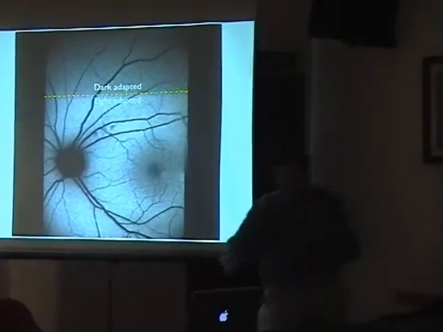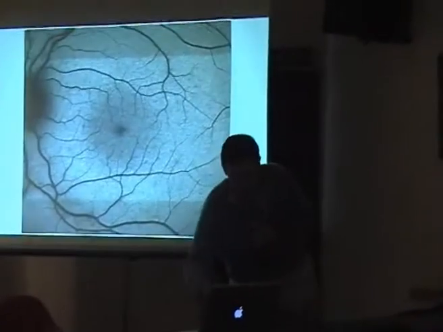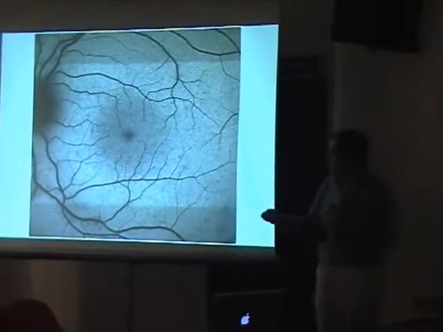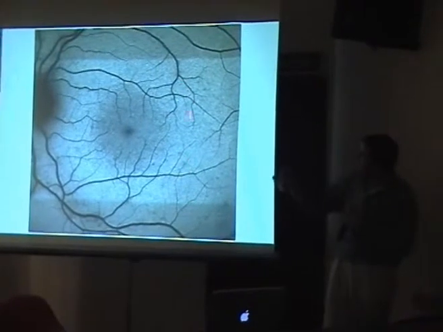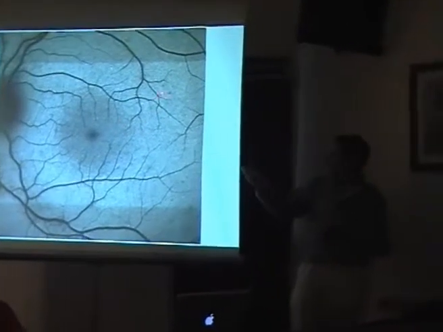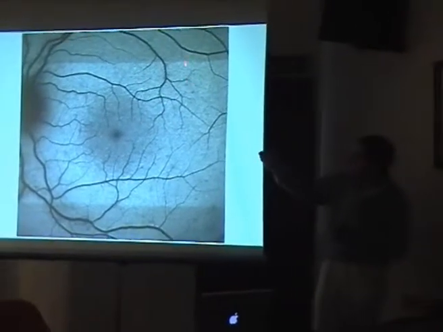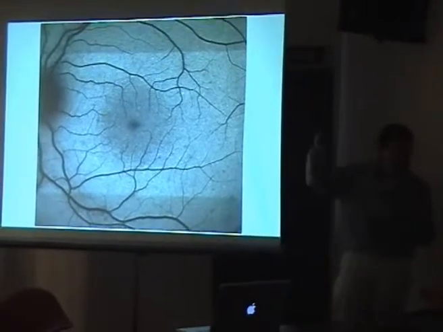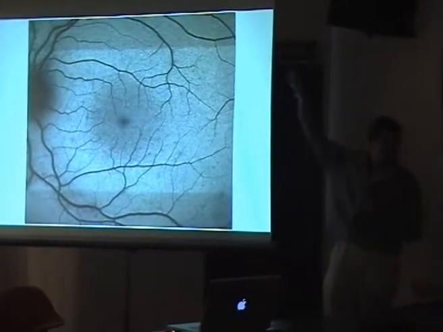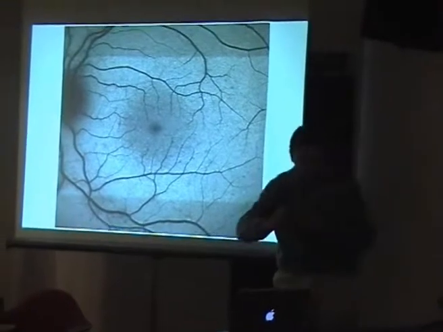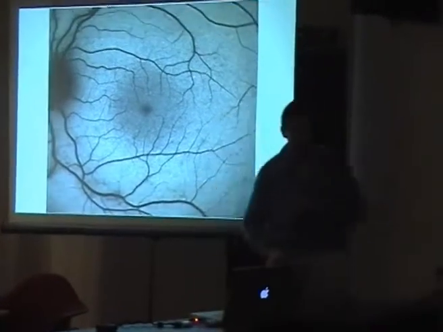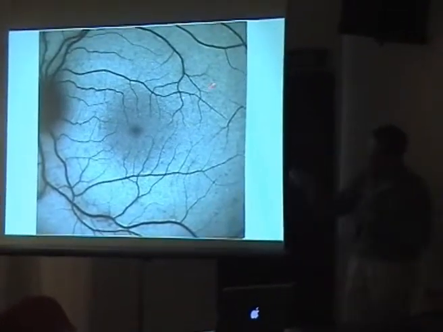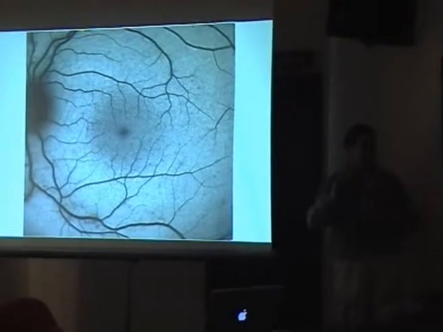Even more evident, if you move from a 20-degree image to a 30-degree image, you see the darker area of the 30 degrees, but if you wait just a few seconds, everything is bleached.